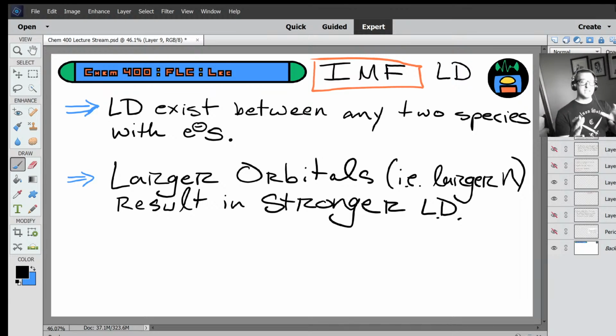That is because in a larger orbital, the electrons have more room to move around, so they have more of an opportunity to create those partial negative and partial positive charges if they have more room to breathe.